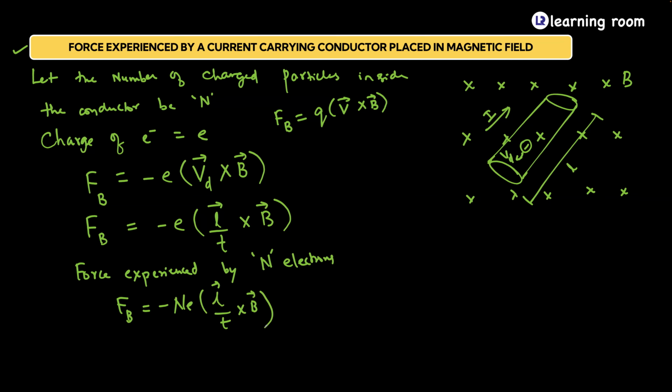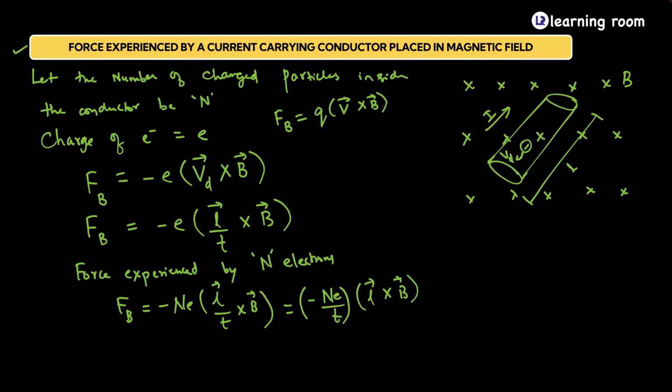Make sense? If I take that T outside, minus Ne divided by T into L vector cross B vector. So minus Ne is going to be the total charge. Ne is total charge due to quantization of charge.